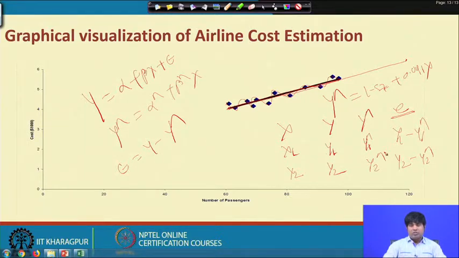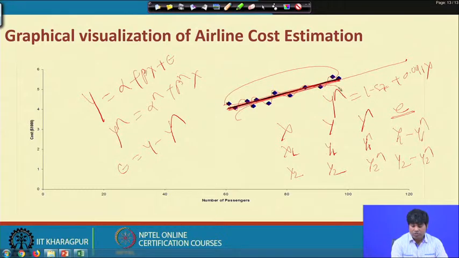The first check is the error component. Ultimately the requirement is to check whether the mean error is equal to 0, which means the sum of the error terms should be equal to 0. From these figures we can easily understand that some of the data points are above and some are below.